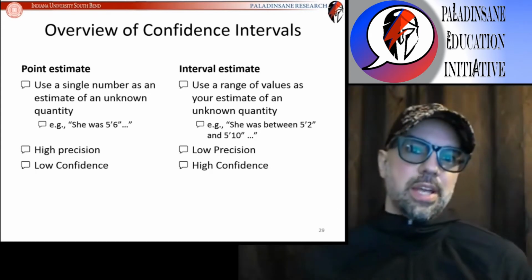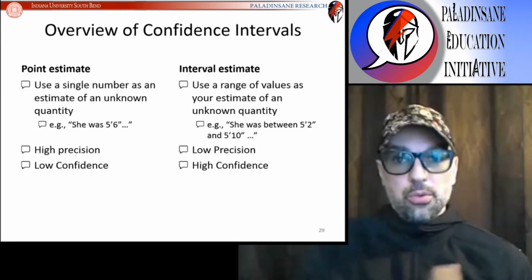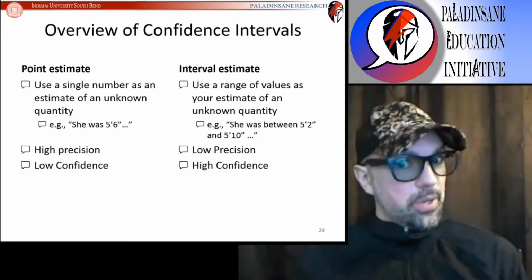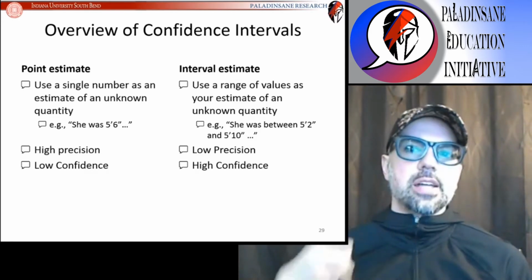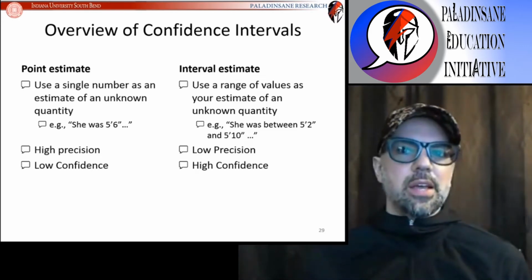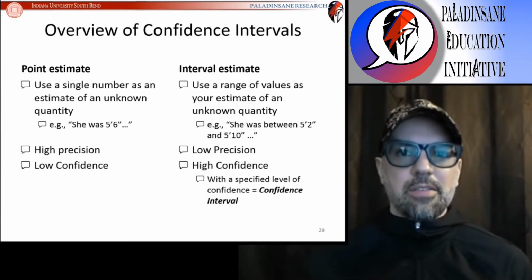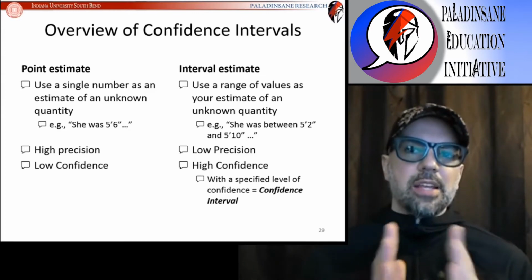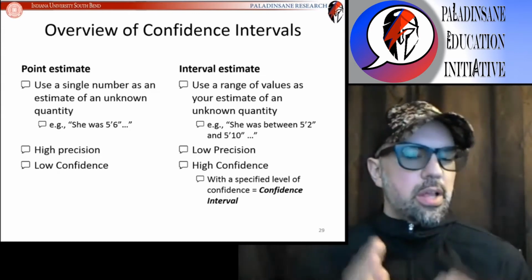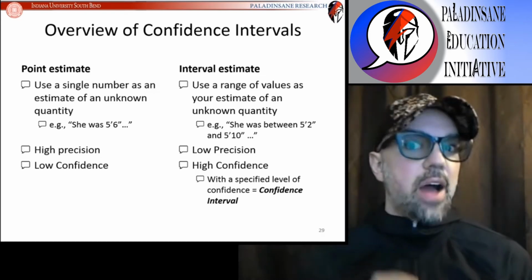And what we're going to do today is, instead of using those loose terms of are you sure? Are you really sure? Are you really, really sure? we're going to do what statistics does, and we're going to put numbers on this. Specifically, we're going to put a specific confidence level on this, where you can specify an interval, and instead of saying I am really sure, you can say I am 90% confident, or I am 95% confident.